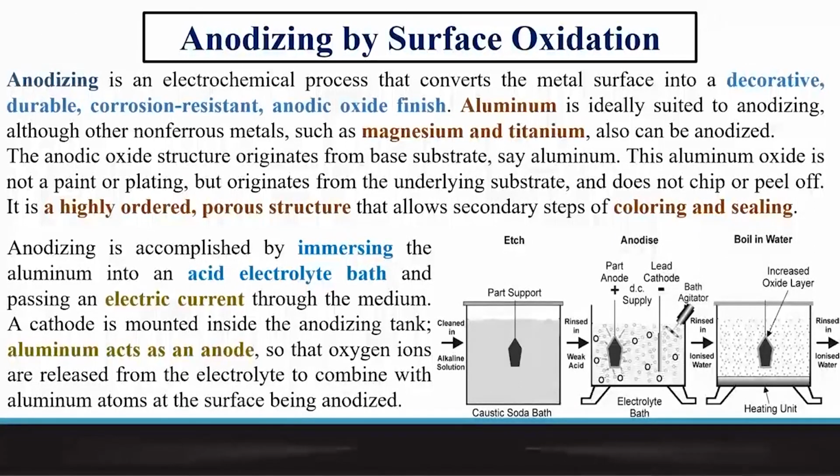Here, first of all, let me mention that the intention is very similar: a decorative, durable, corrosion resistant anodic oxide finish, usually applied to aluminum, because aluminum is a material which is very widely used as the anode in an electrolytic bath.